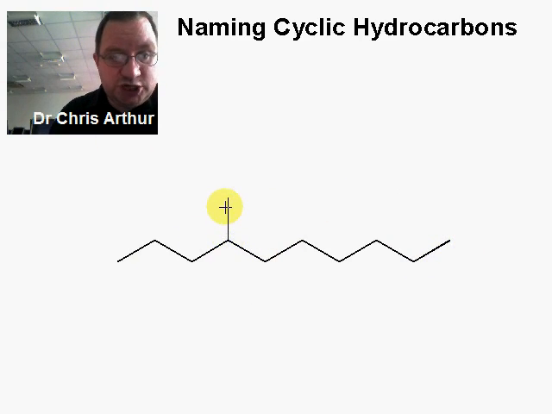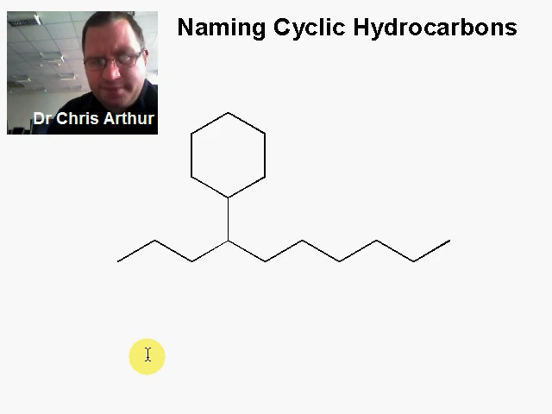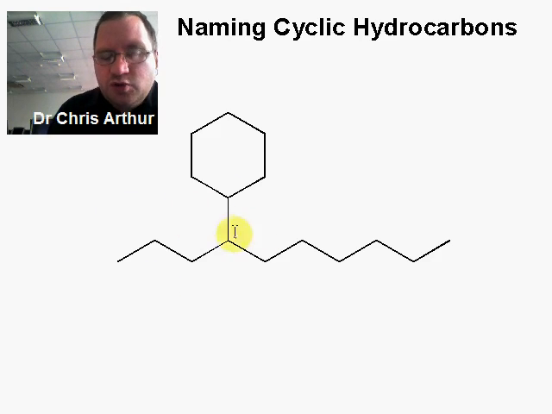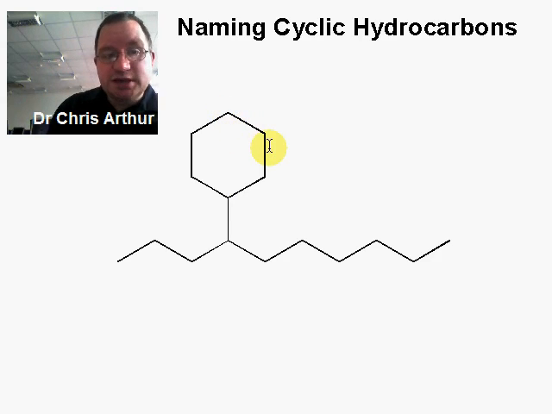And off of this chain, we now put a cyclohexane ring. How do we go about naming a compound like this? Well, we can treat cyclic hydrocarbons in the same way that we treat other side chains.